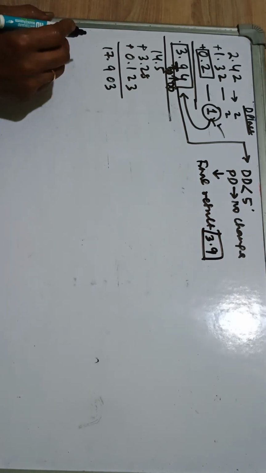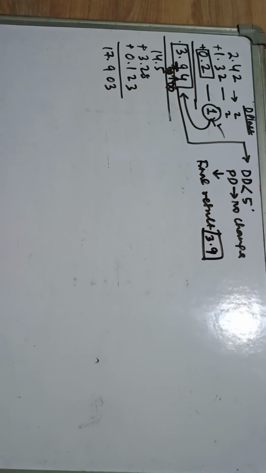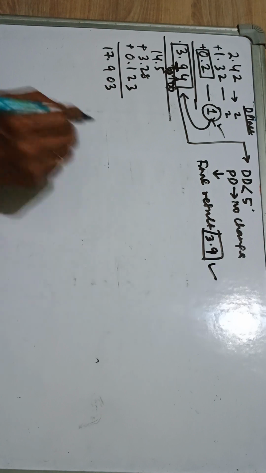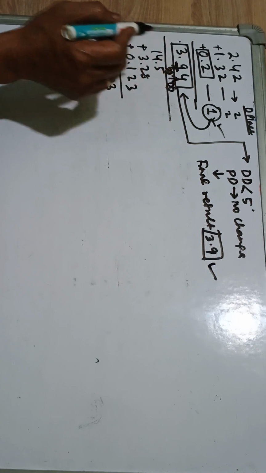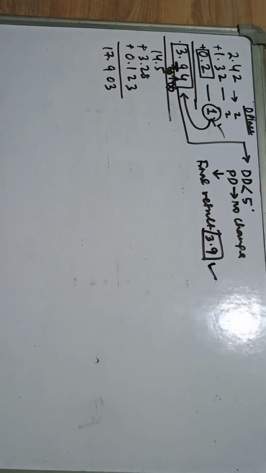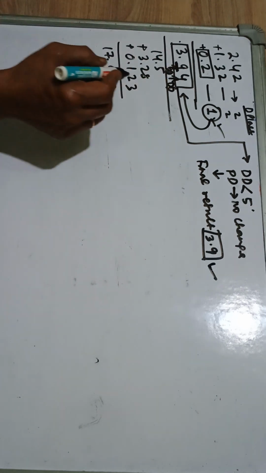Here 4 is dropped. The final answer is 3.9. In multiple answers, it may give 3.94, 3.9 or some other option. This will be the correct one.